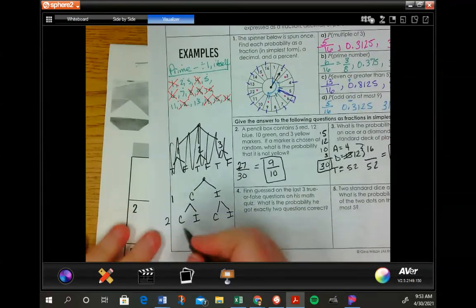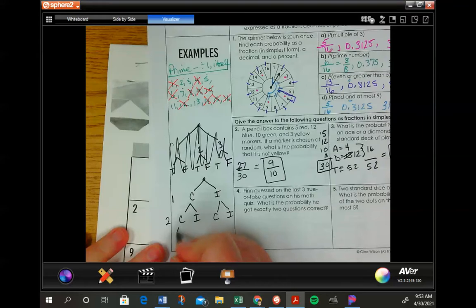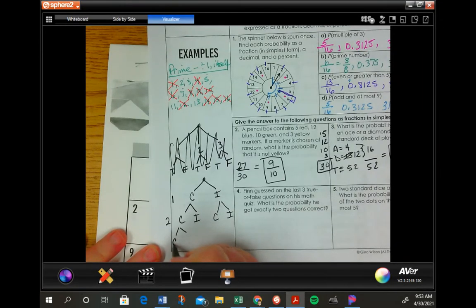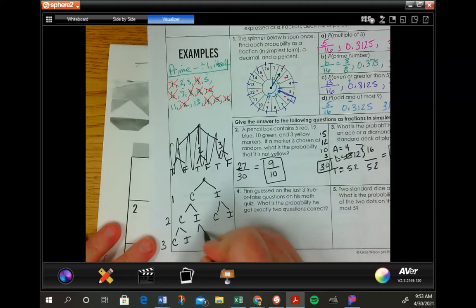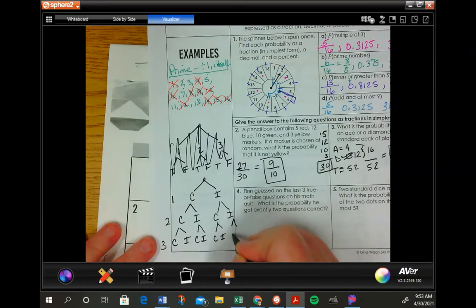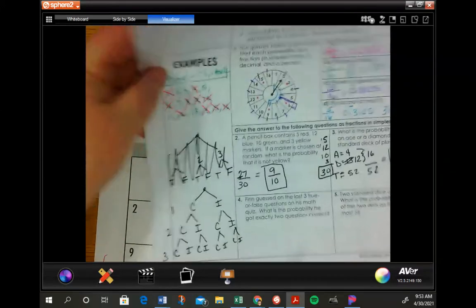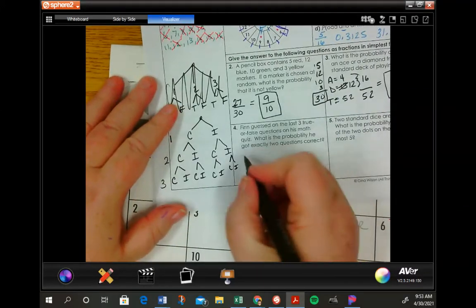Problem number 3, if he got number 1 and 2 correct, then he either got number 3 correct or incorrect. Same with this one, correct or incorrect. This one, correct or incorrect. And this one, correct or incorrect. So here are the possible choices.